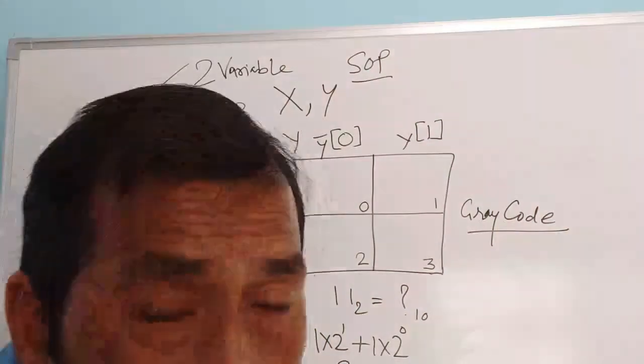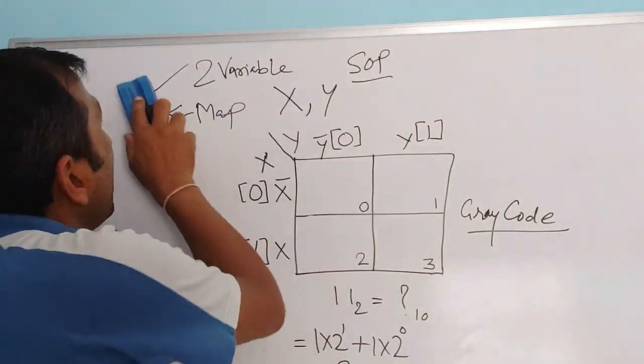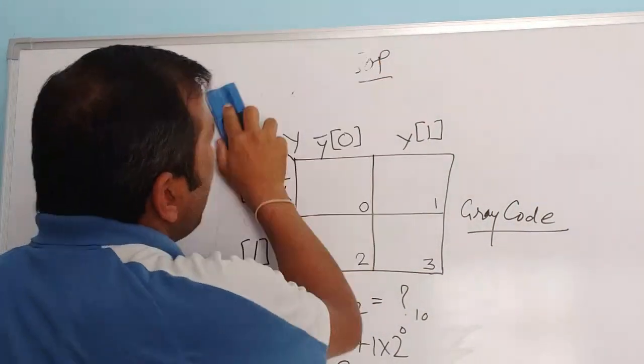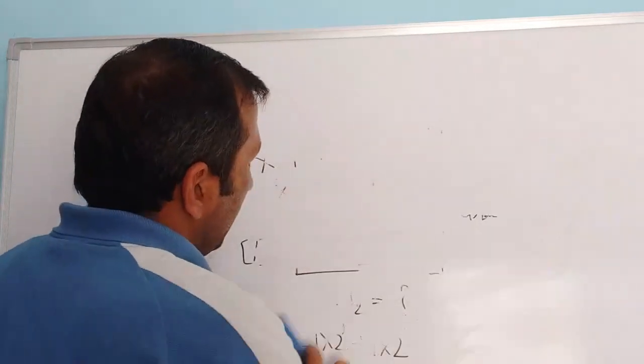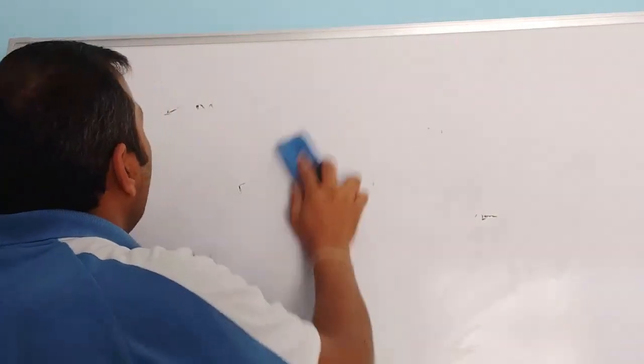Now coming to the three variable K map, I think on the same line we will be doing it for 3 and then 4 variable.